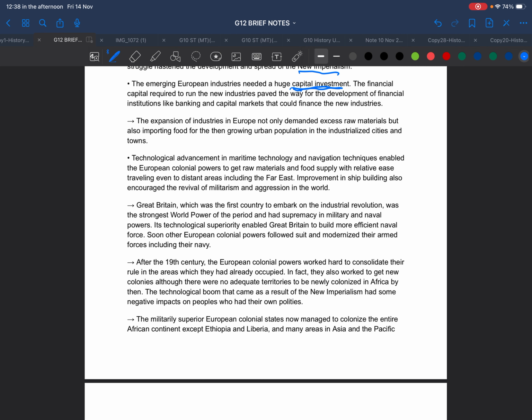The financial capital required to run the new industries paved the way for the development of financial institutions like banking and capital markets. These two developed together with the financial capital required to run the new industries. Establishing and developing those financial institutions was important, like banking and capital markets that could finance the new industries.